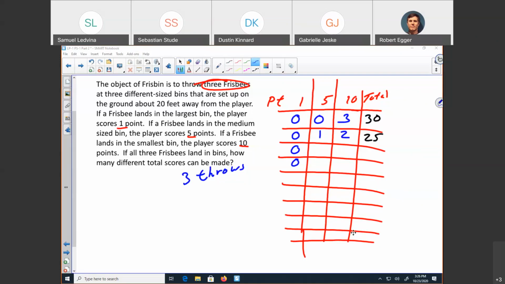Or we have 2 in the 5 hole, 1 in the 10 hole, which gives us 20. All right. And finally, we get them all in the 5 hole, which gives us 15.